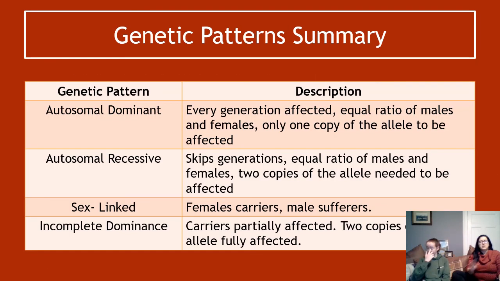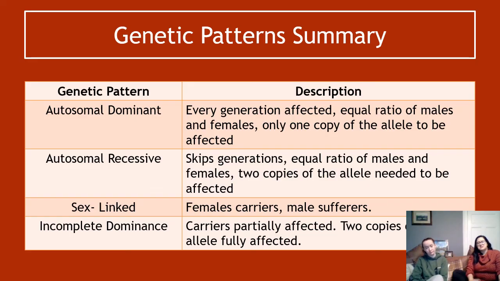Okay, now to summarise, so that was PKU, super nice and short. The most important thing out of this video is these four inheritance patterns. So an autosomal dominant condition, every generation is affected, equal males and females, and only one copy of the allele is needed to be affected. Autosomal recessive, it will skip a generation. There's still equal numbers of males and females affected, but two copies of the alleles must be there for someone to be affected.